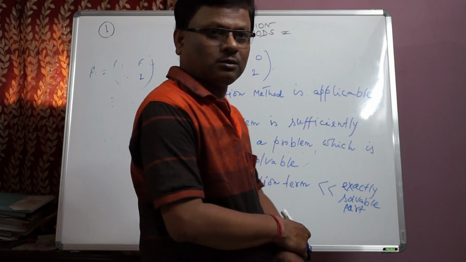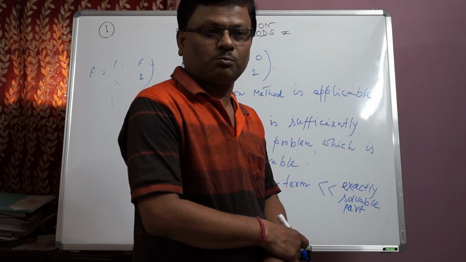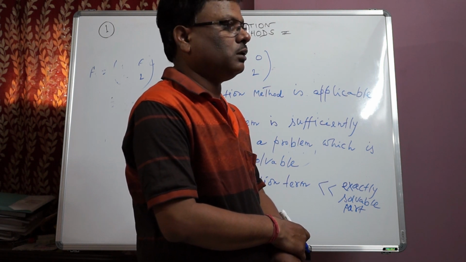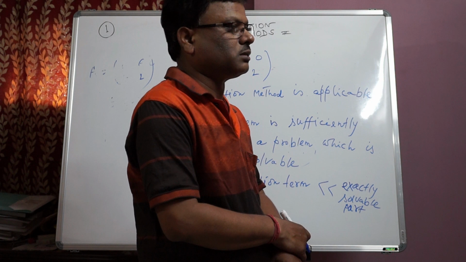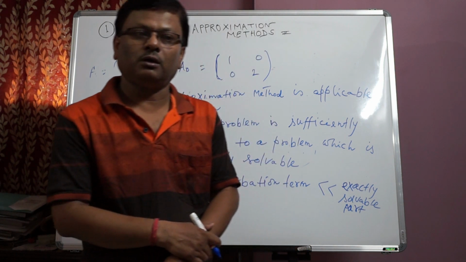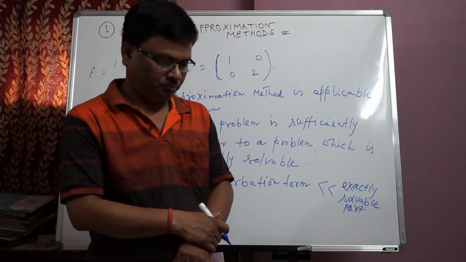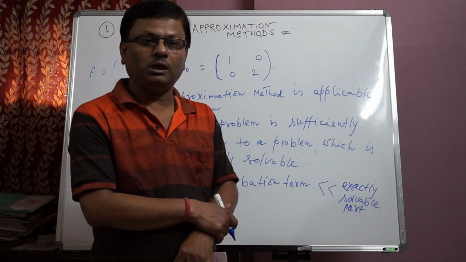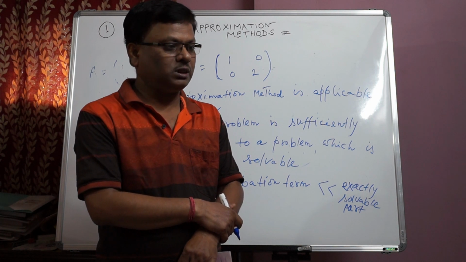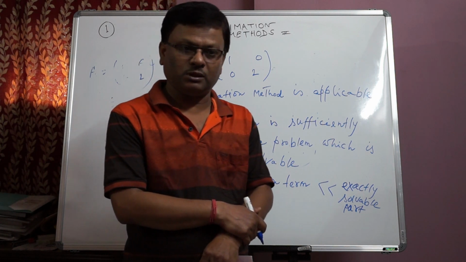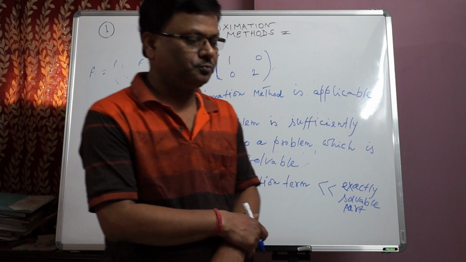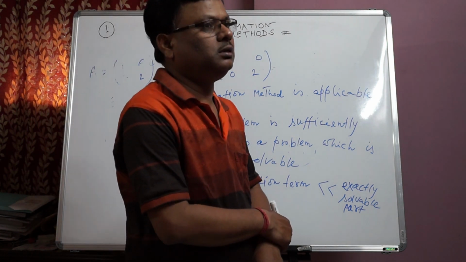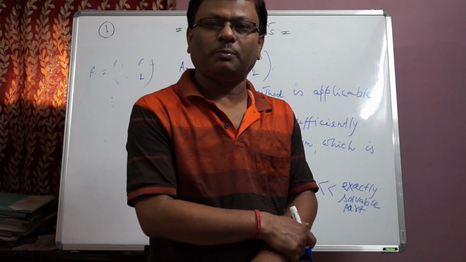Similarly, in the matrix method, when perturbation is small, sometimes it is required to know how the perturbation affects the exactly solvable part of this matrix. In physics, particularly in magnetism, we still use Van Vleck susceptibility. The Van Vleck susceptibility equation is determined using the perturbation method.